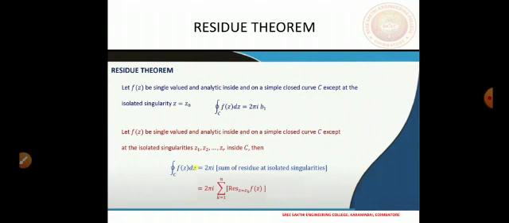This is the situation when we have just one isolated singular point inside the simple closed curve C. But this can be generalized.